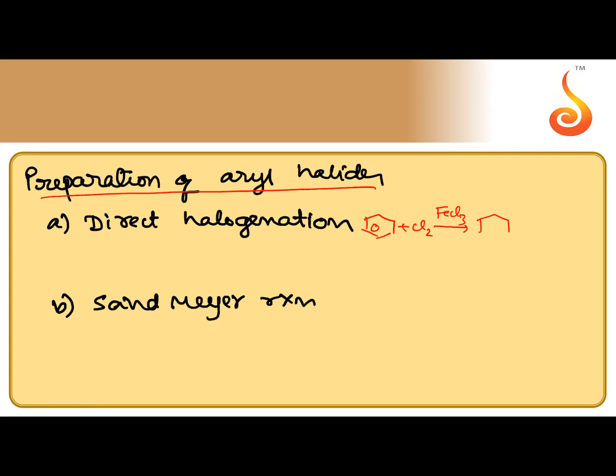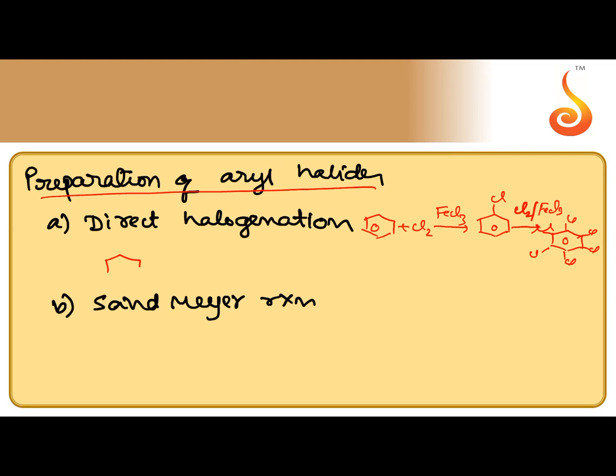In place of 1 H plus from benzene ring, we can get chlorobenzene. If substitution is continued, in the presence of excess of chlorine and FeCl3, finally, all hydrogens of benzene are replaced with chlorine atoms. 1, 2, 3, 4, 5, 6 hexachlorobenzene is the final product.